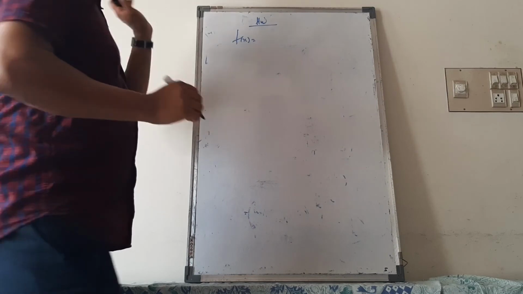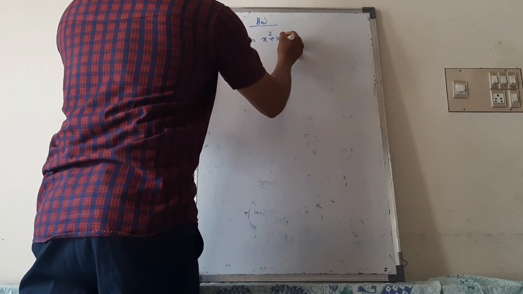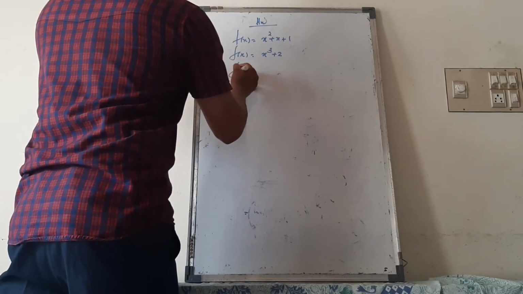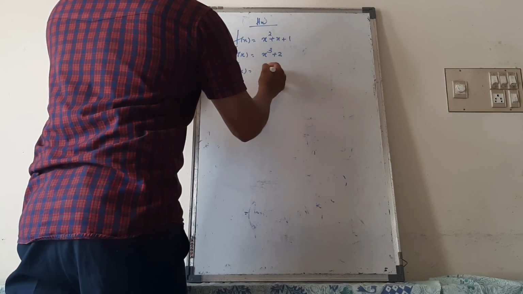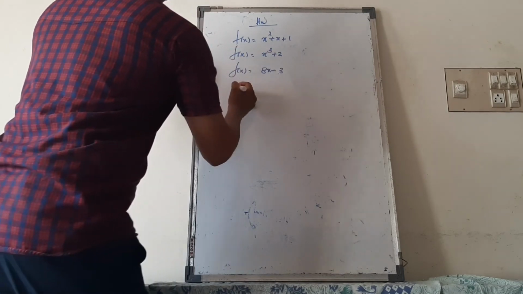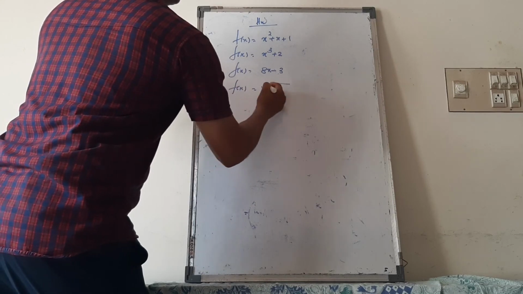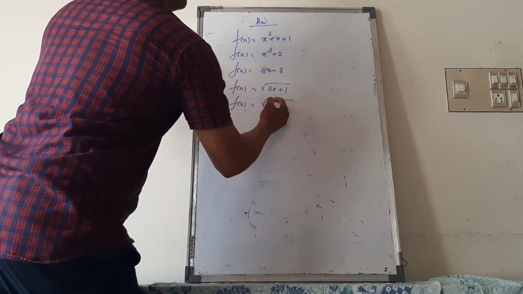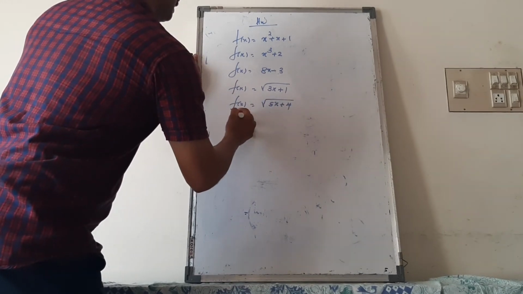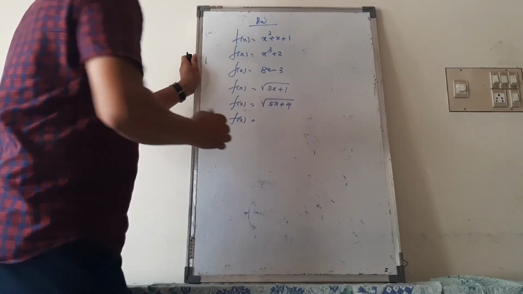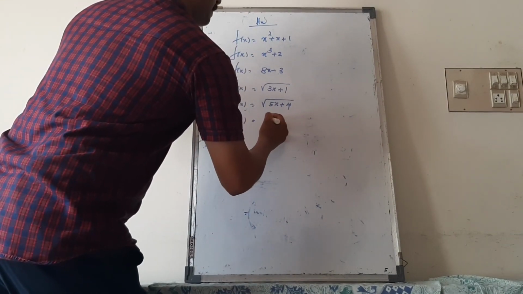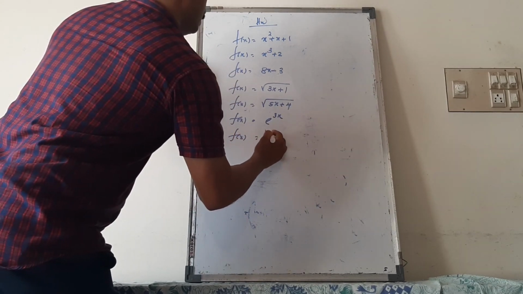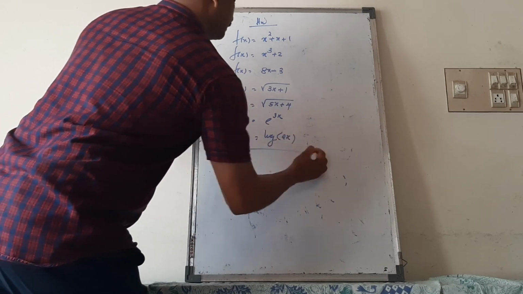Using first principle, find the derivative of f(x) equal to x square plus x plus 1, f(x) equal to x cube plus 2, f(x) equal to 8x minus 3, f(x) equal to root of 3x plus 1, f(x) equal to root of 5x plus 4, f(x) equal to e raised to 3x, f(x) equal to log 2x.